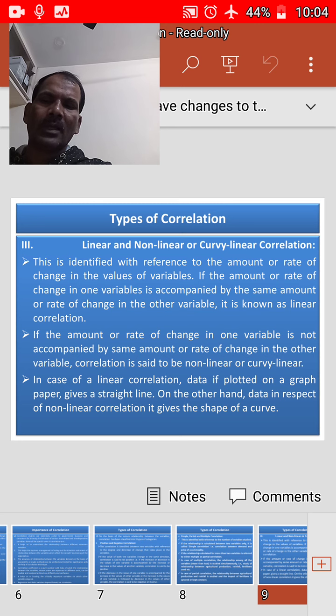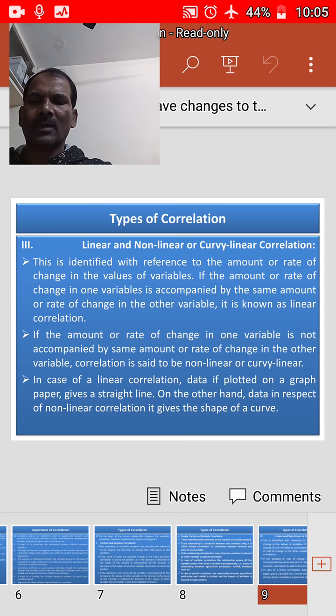X values are 20, 24, 44, 68, 90, 112. Y values are 100, 110, 120, 180, 196, 240. They are moving in the same direction, but not in the same proportion or rate of change. Hence, there is a curve. One is moving slowly and the other is moving fast.